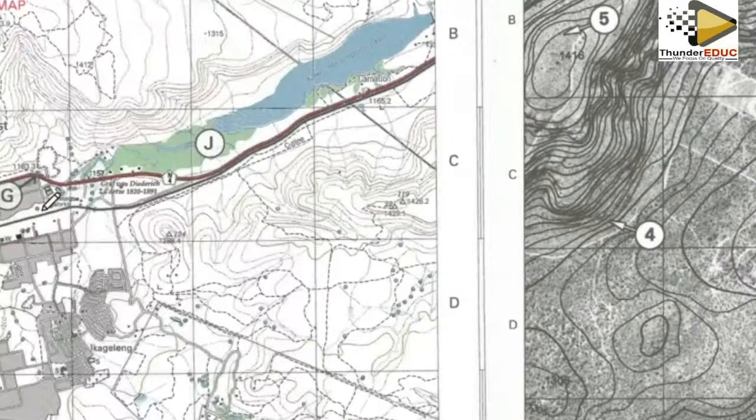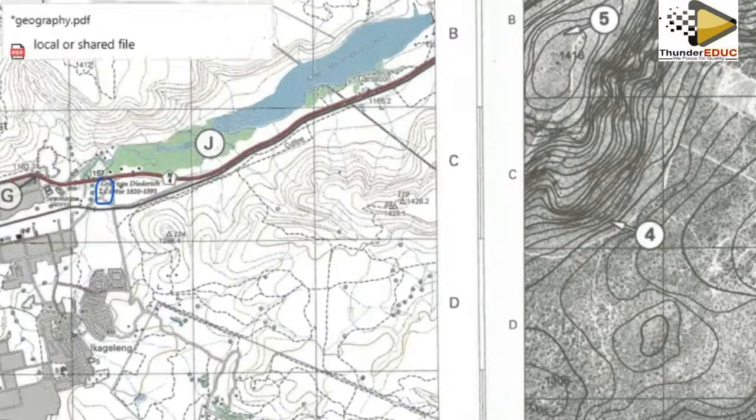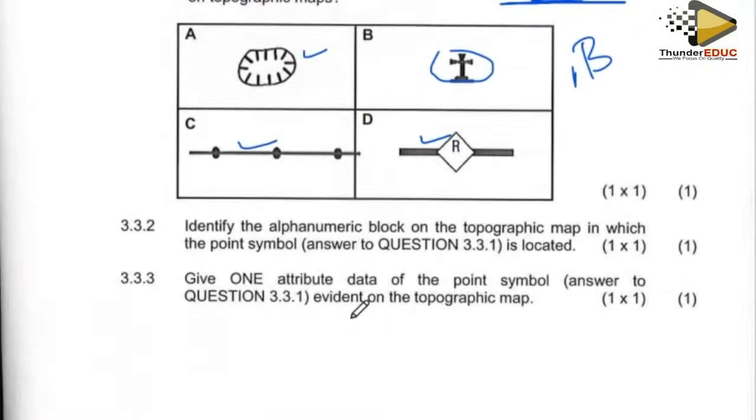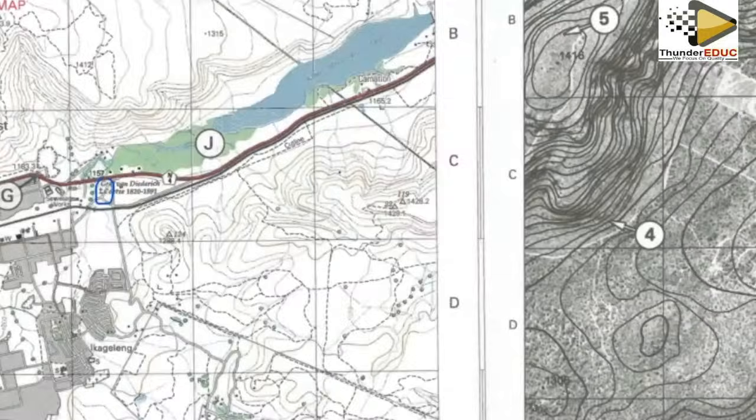Okay? And when you check here, let's go to the topographic map and look for it. It is somewhere here. That is where we have our point feature, which is a monument. A monument is a point feature. Okay? Now identify the alphanumeric block on the topographic map on which the point symbol is located.